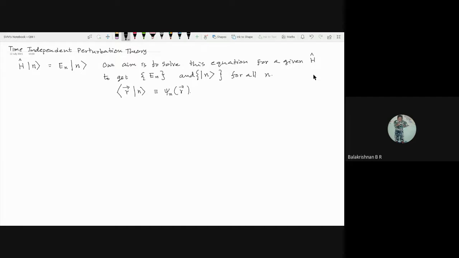Now the problem is that in most cases this equation cannot be exactly solved.